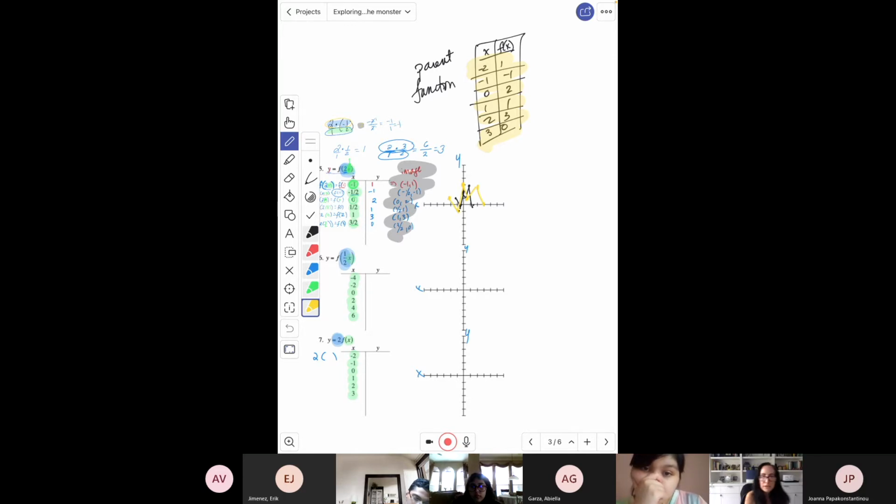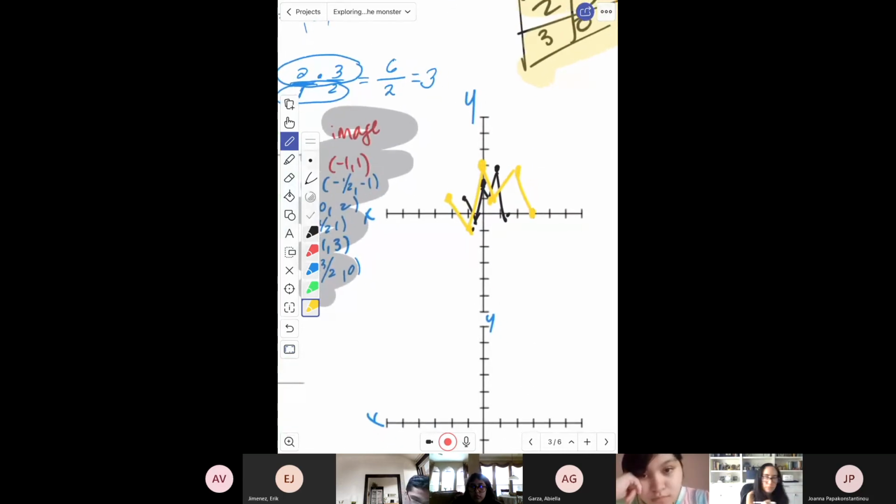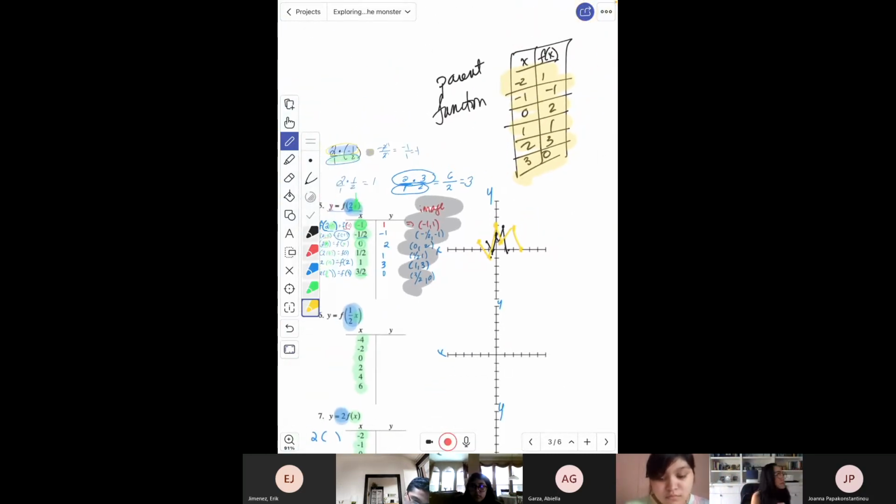What does it look like I've done to the yellow one to get the black one? It's being compressed. It's being squished. Okay. So this is in fact a compression.